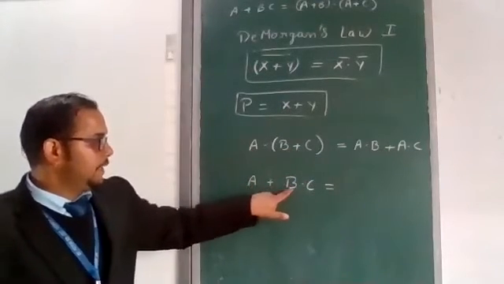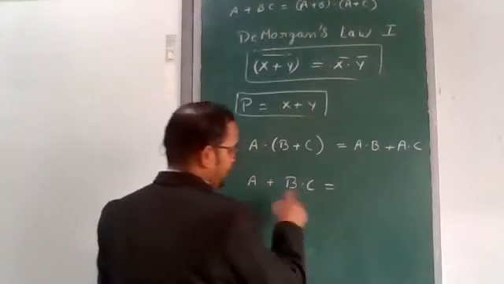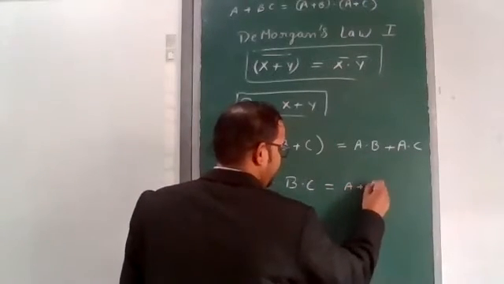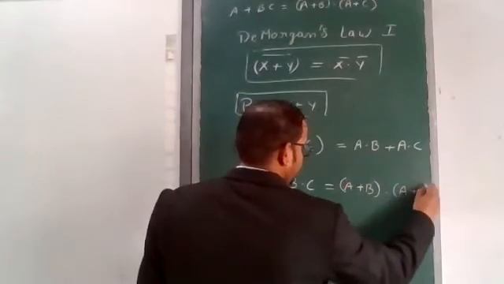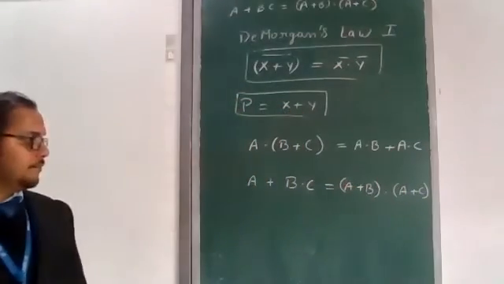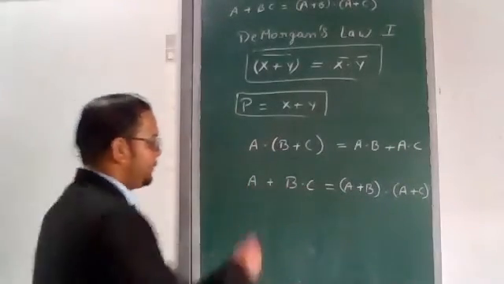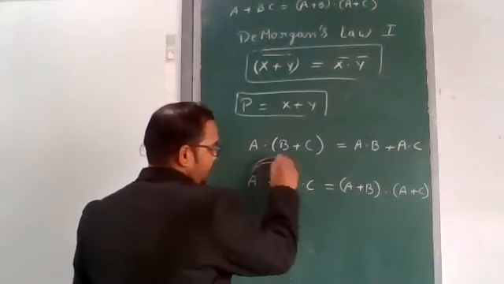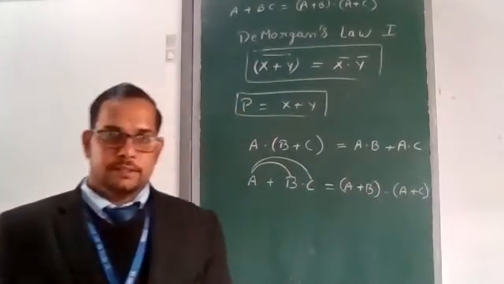A plus BC, this time I want to write this A with B as well as A with C. So it is (A plus B) dot (A plus C). First you write A with B and then A again with C.